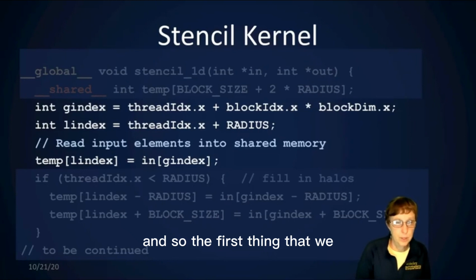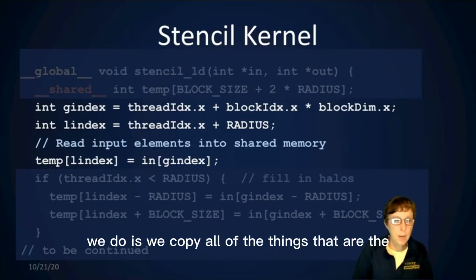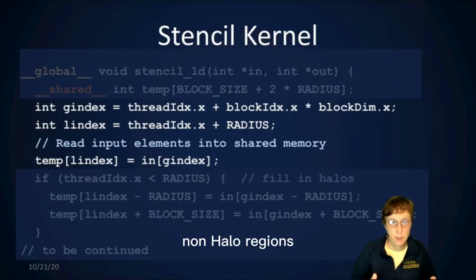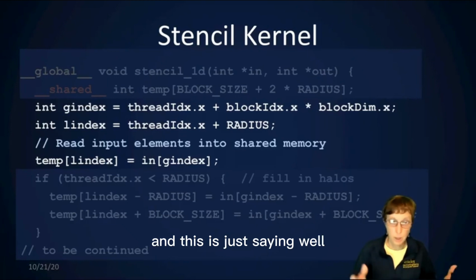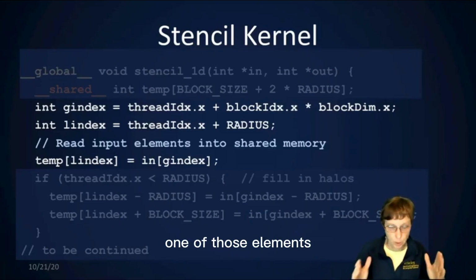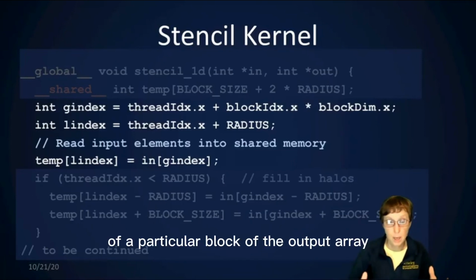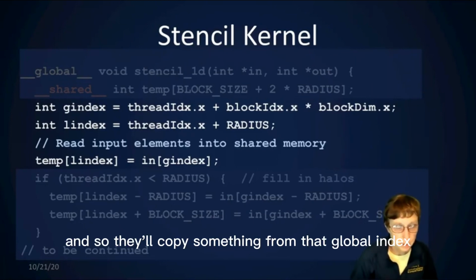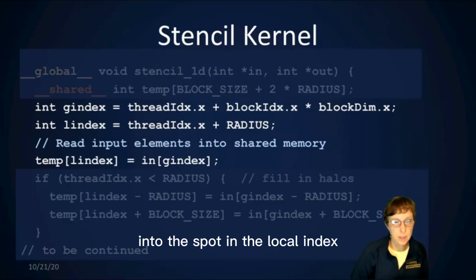And so the first thing that we do is we copy all of the things that are the non-halo regions. And this is just saying, well, any thread is going to be living sort of at one of those elements of a particular block of the output array, and so they'll copy something from that global index into the spot in the local index.